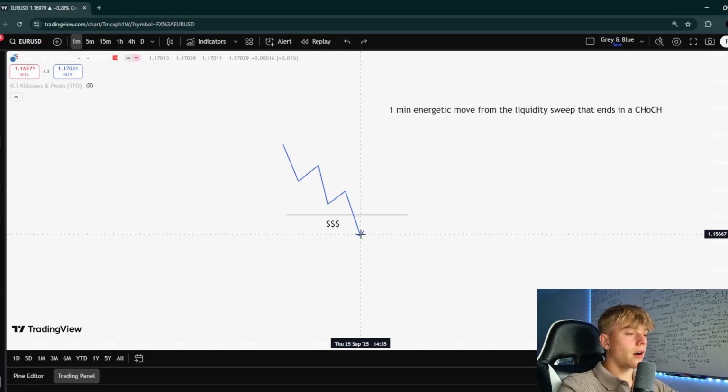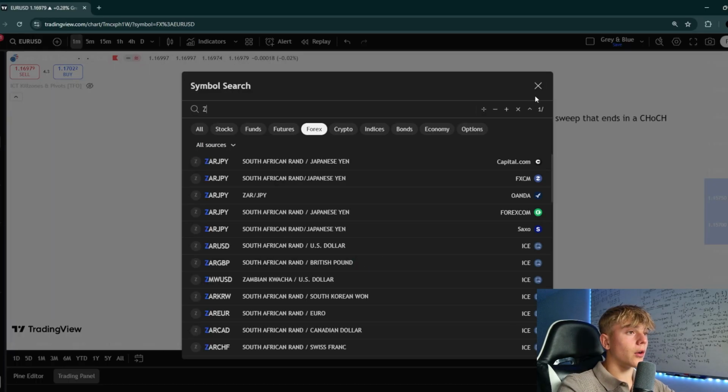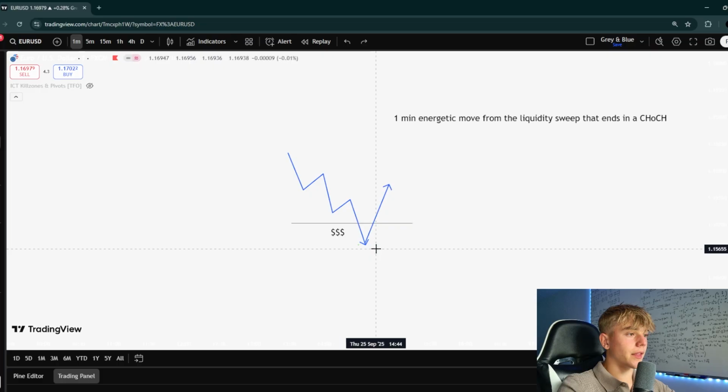We'd rather our energetic move be like this, where price has very little hesitation and sweeps straight up above this high as soon as we've swept liquidity. This shows that our liquidity is being respected and it is fueling the market to go up. We'd be thinking, okay, this liquidity area has been respected, so this is our change of character, so our trade's going well.